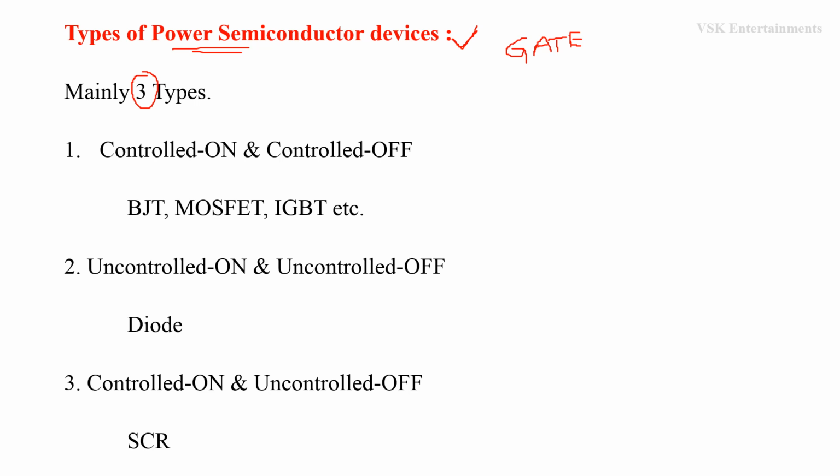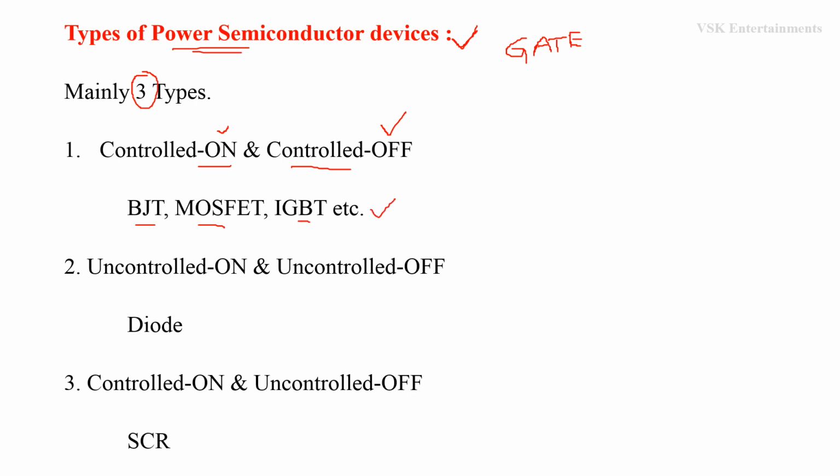The first one is controlled on and controlled off. Means by using some control parameters or control variables, we can turn on and turn off the power semiconductor devices. Examples for this are BJT, MOSFET, IGBT, etc.